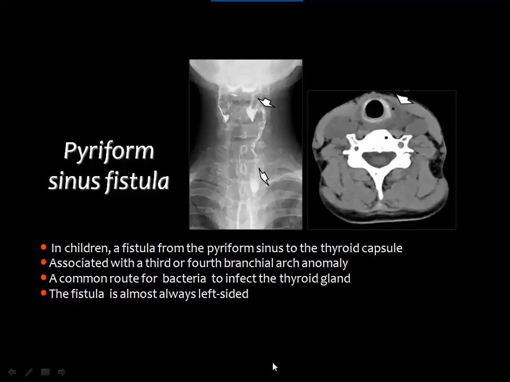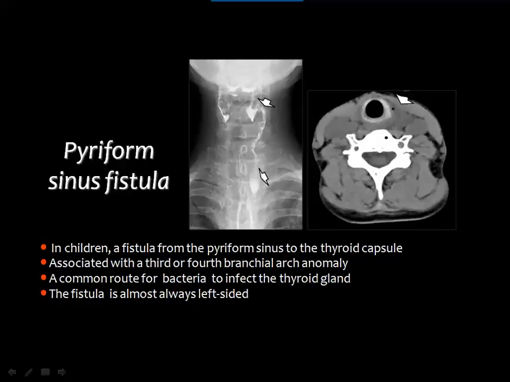This is what we call pyriform sinus fistula, and this was found a common cause of acute thyroiditis in children. There is a fistulous tract between the pyriform sinus and the thyroid site, and this fistula is almost seen on the left side.